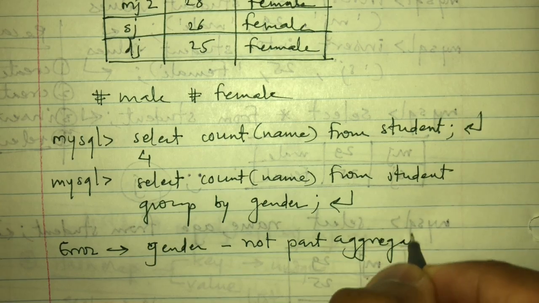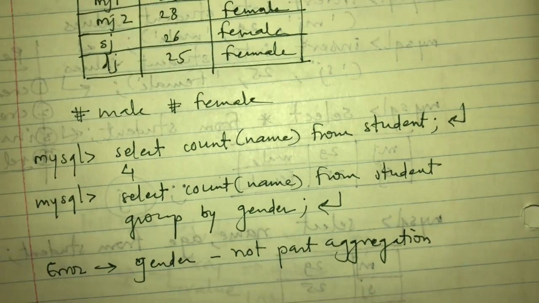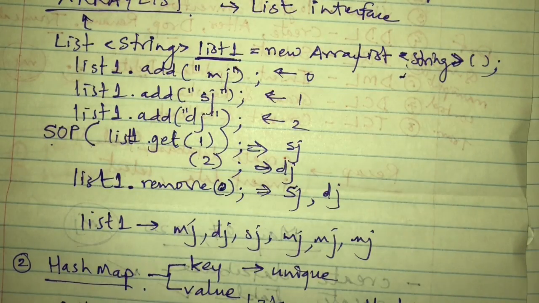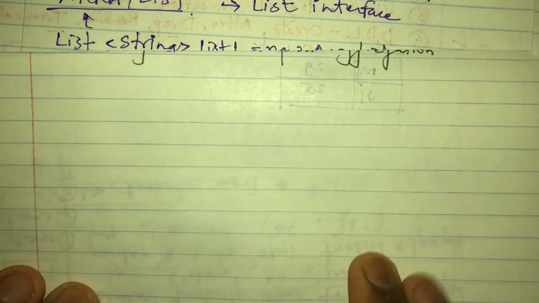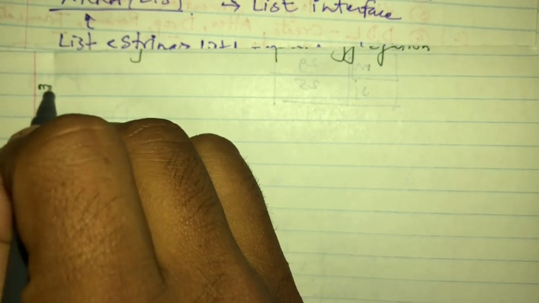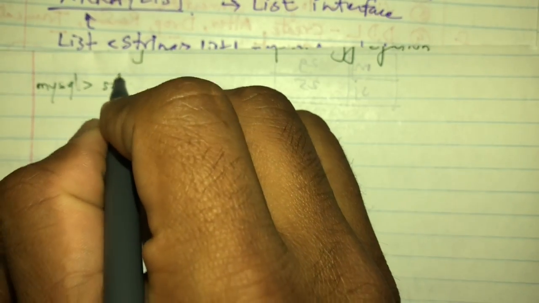So the way group by actually works is, let me fold this paper real quick. So you must pass the column on which you are going to perform the group by operation.